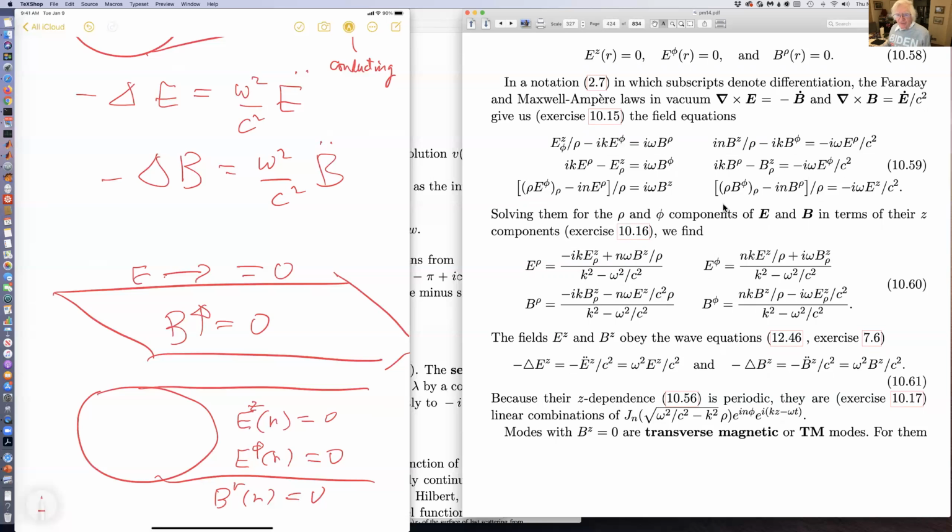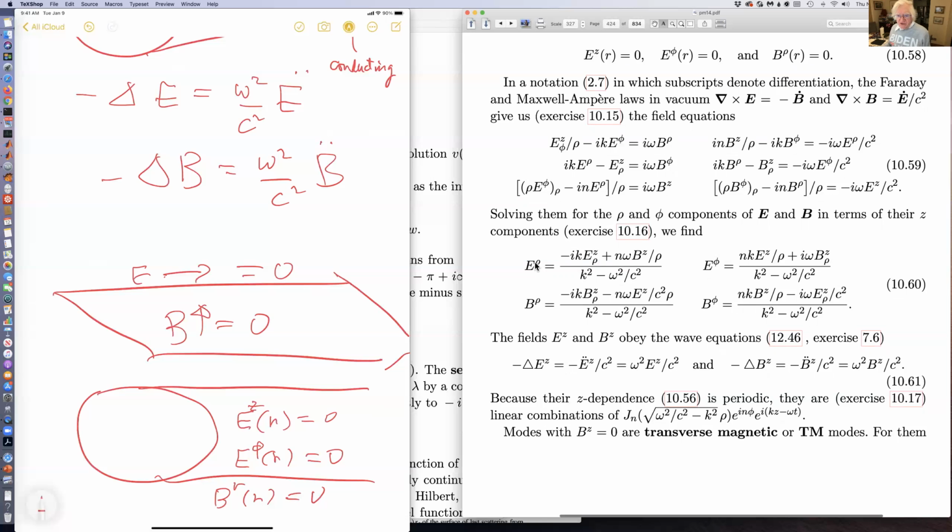You can then invert them and get expressions for E rho and E phi in terms of E z and the rho derivative of B z, and so forth. And you get expressions for the B's. And E z and B z obey these wave equations.